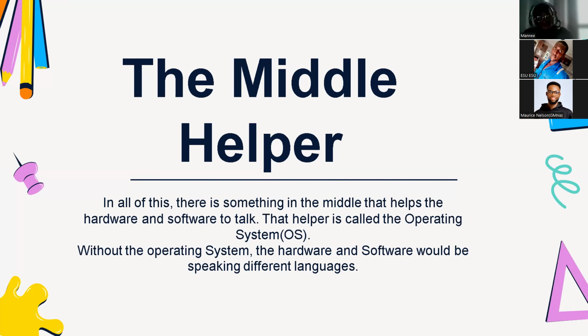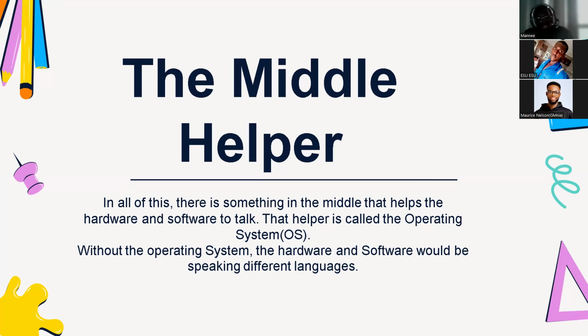We can simplify the operating system, let's call the operating system an errand boy. The software gives a command, the operating system takes the command and throws it over to the hardware, and then everybody performs their task in accurate time.